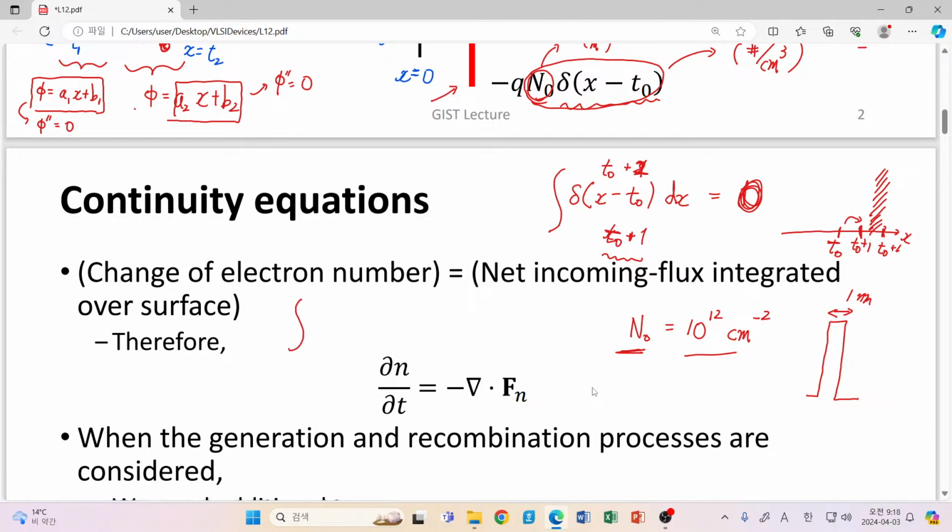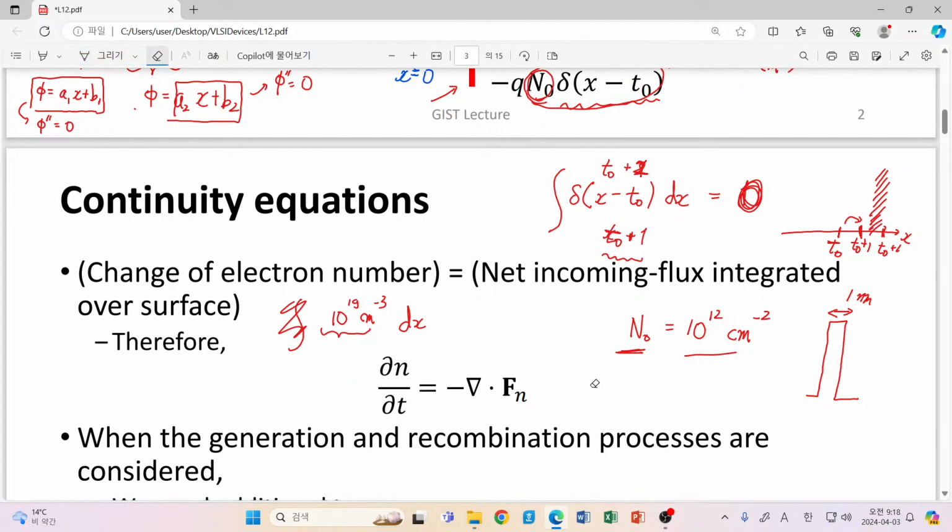If you have the volume density like 10 to the 19 per cubic centimeter, and it is located just in a distance of 1 nanometer, then, since 1 nanometer is 10 to the minus 7 centimeter, it will give us 10 to the 12 per square centimeter.